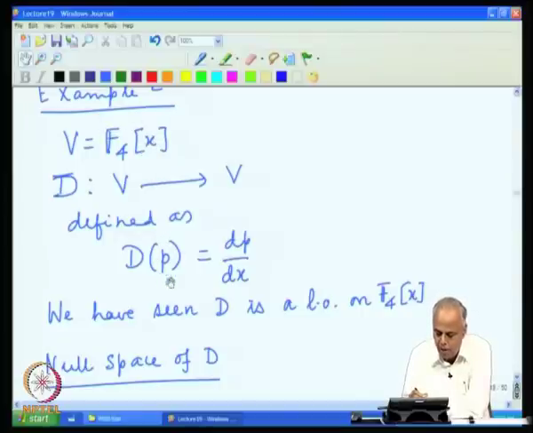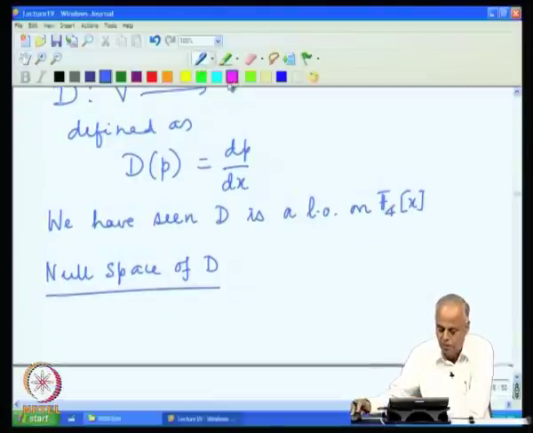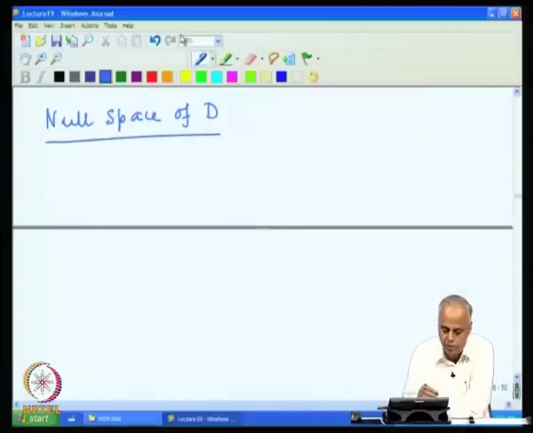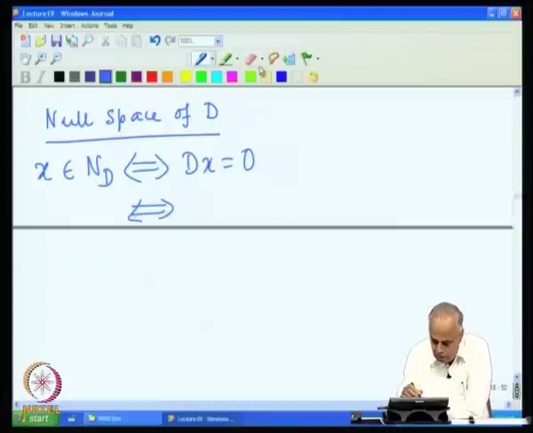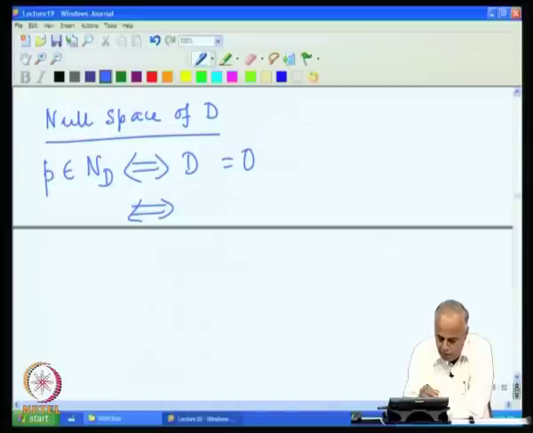So, we want to find all those polynomials which when differentiated give me the 0 polynomial. The 0 vector is the 0 polynomial. So, x belongs to the null space of D if and only if Dx is the 0 polynomial, that is if and only if, let us use the notation p because we have polynomials, Dp equal to 0.